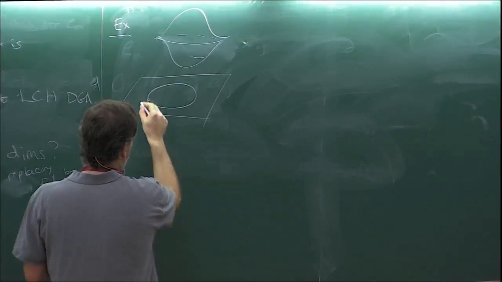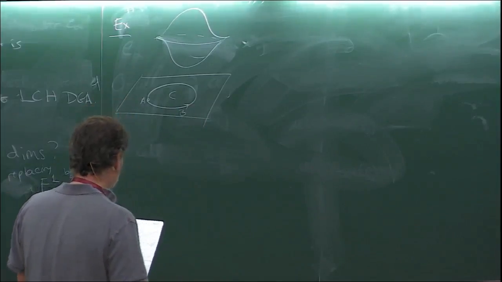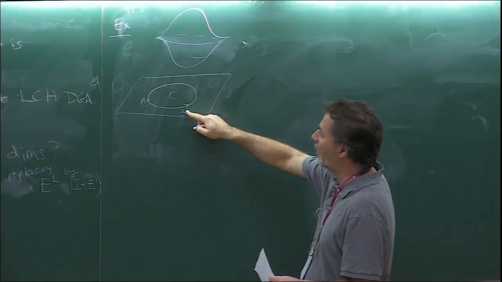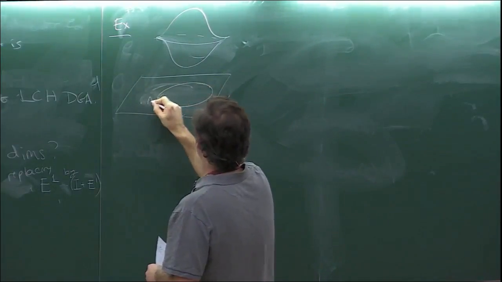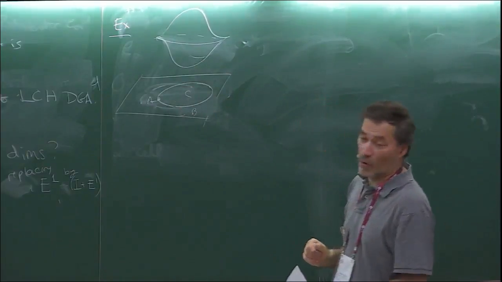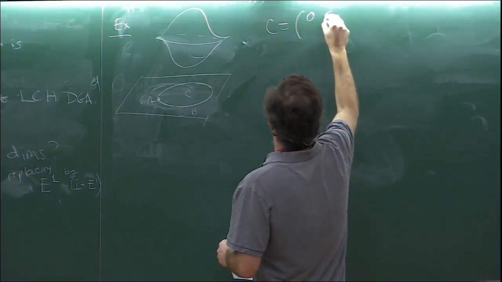So I just have A, B, and C in some order. Okay, so A and B are zero-dimensional matrices. C is just this matrix.